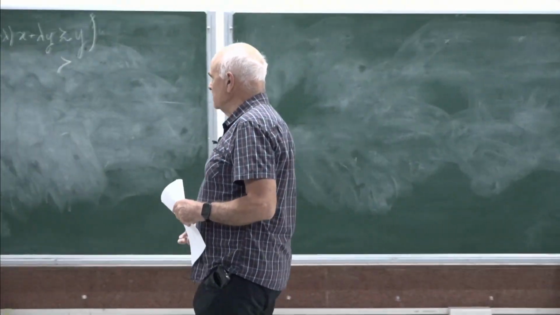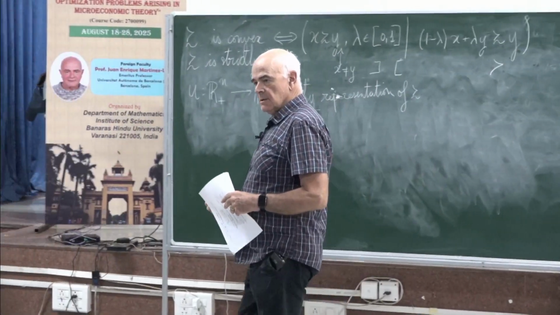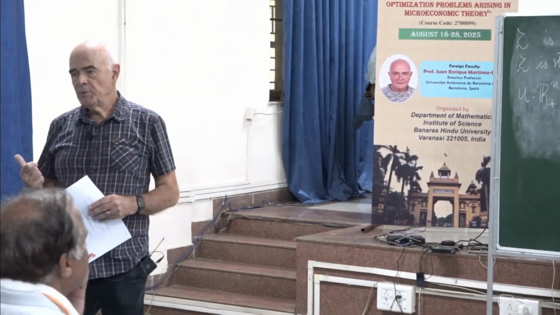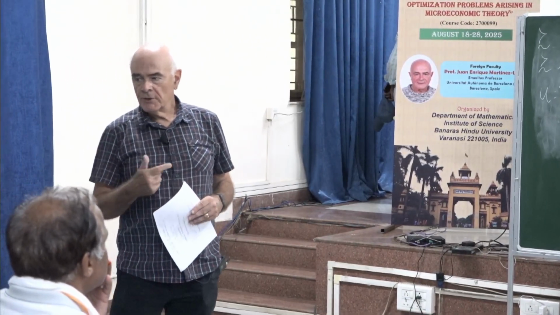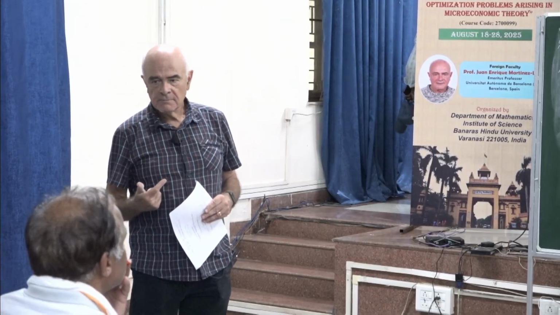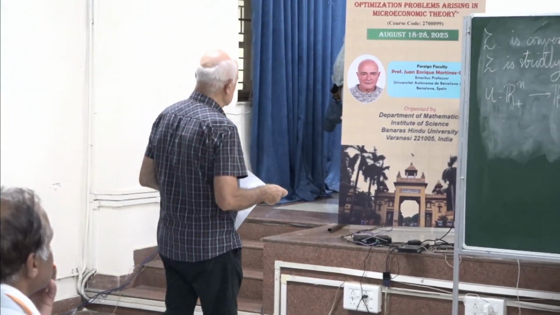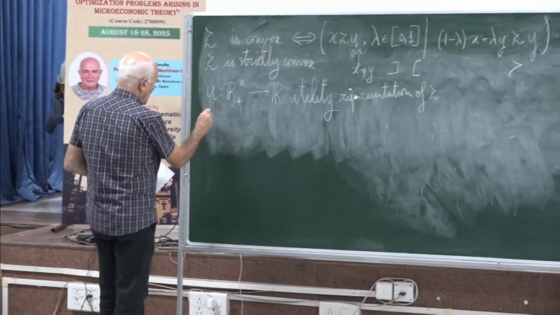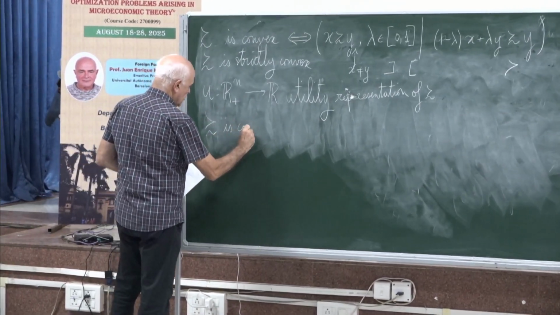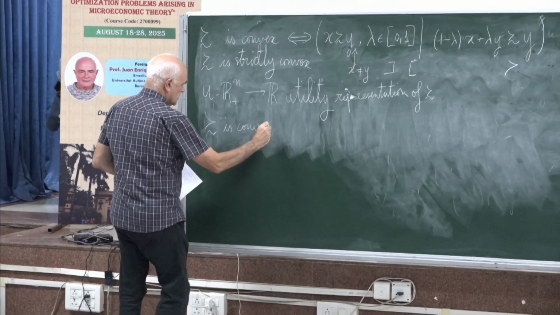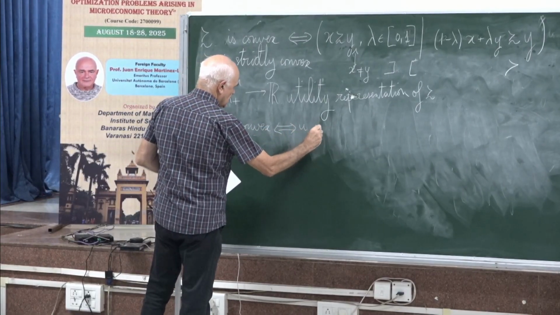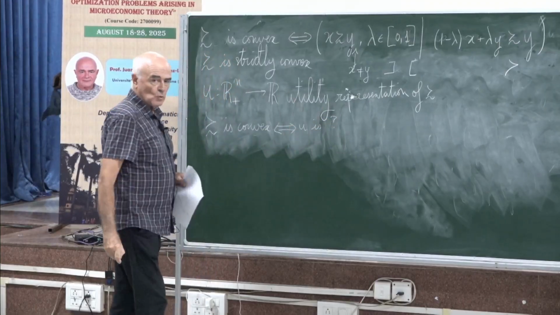Then, how should this utility function be in order that the preorder it represents is convex? So the question is, the preorder is convex if and only if U is what?